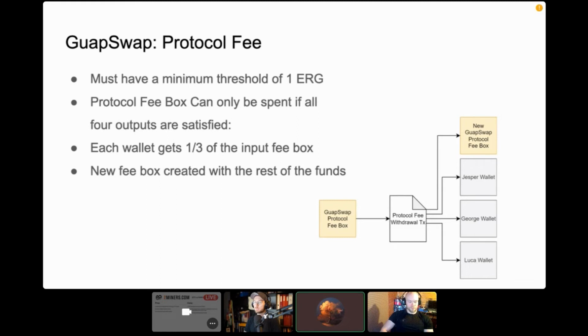And then if there's any change left because of the integer division, then it just gets sent back to another box with the protocol fee address.